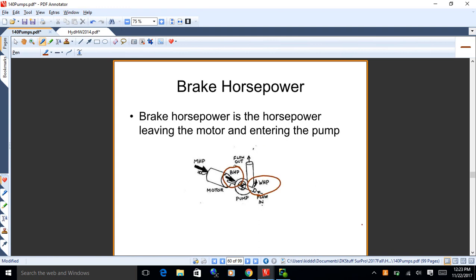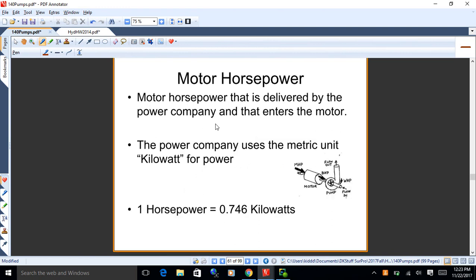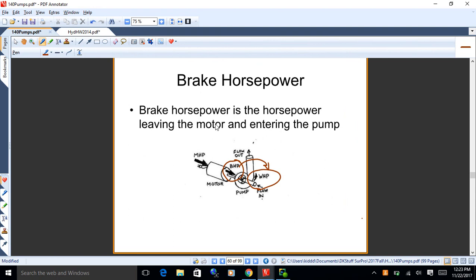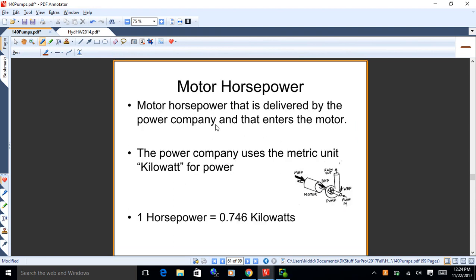Coming out of the motor is what's called brake horsepower, and there's an efficiency loss as you go from brake horsepower to water horsepower. It's not a perfectly efficient transfer of power. Machines are never perfectly efficient. Similarly, there's motor horsepower that goes to the motor.